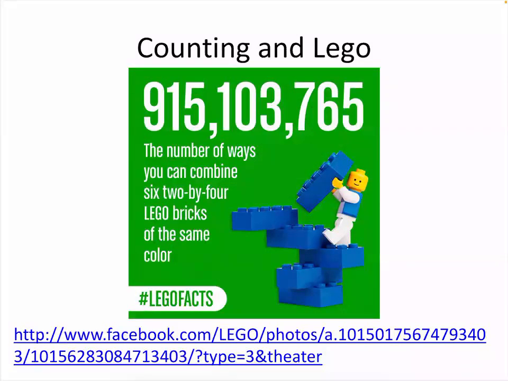Okay, so it follows those sorts of rules, but there's another rule that I haven't explicitly mentioned that a lot of people assume must be true when I give them this problem. So one is that you have to use them all. So let's say you have to use them all, but that's a good question. What if we don't have to use them all? Then you would say maybe the number of ways you can combine at most 6 bricks. So let's say we have to use them all.